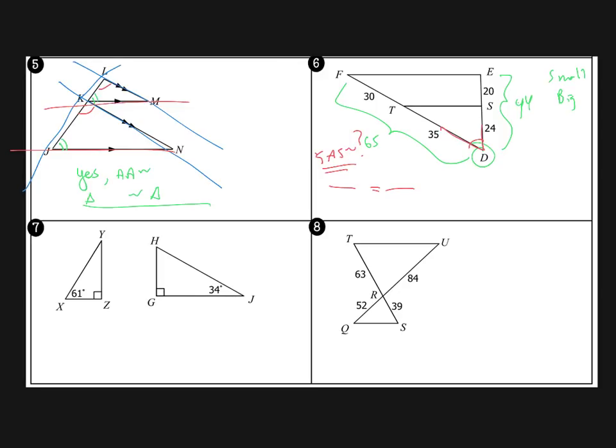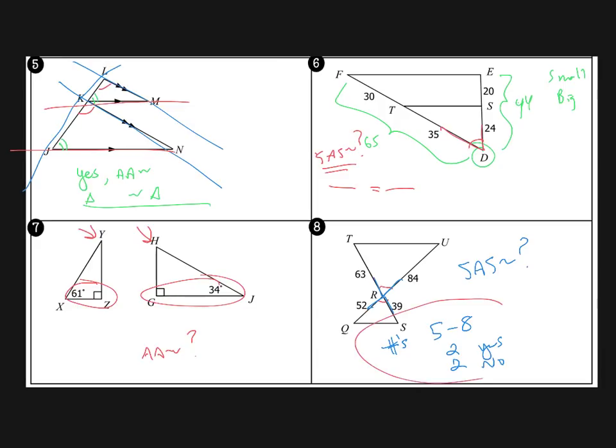For number 7, again, you have 2 angles here and 2 angles here. Check to see if these two match up, and you might have an angle-angle similarity. Down here, looks like we have vertical angles that are congruent. It looks like they are the included angles, so perhaps side-angle-side similarity. Check that out. And just a little word to the wise.